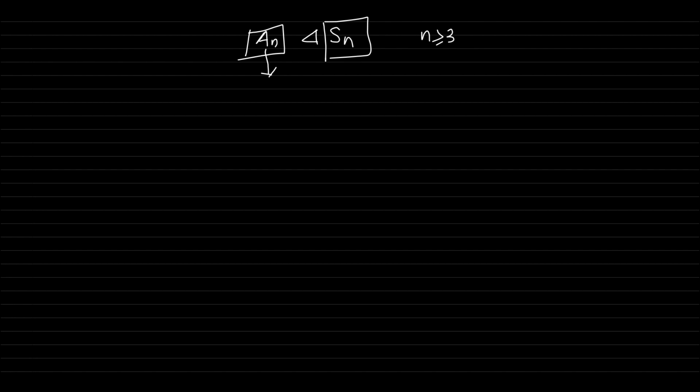We say that a permutation sigma in Sn is even if it can be written as the product of an even number of transpositions in Sn.